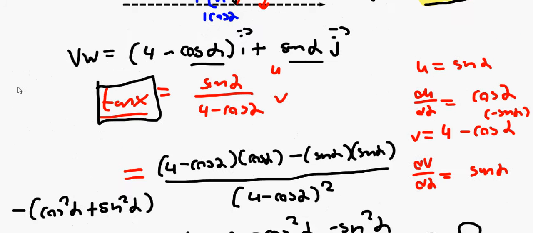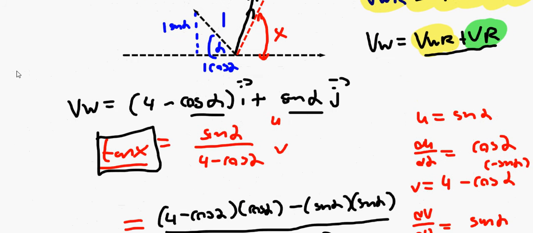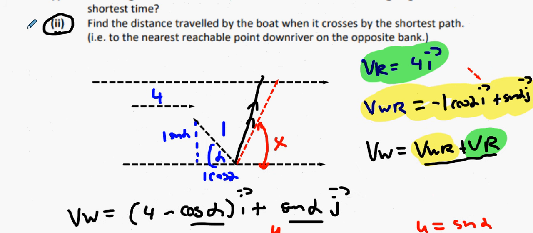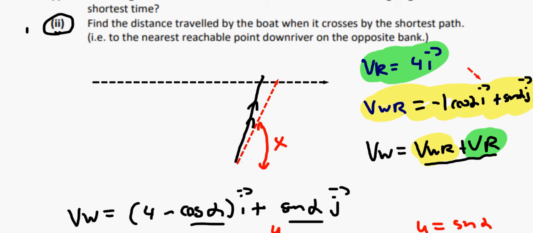So, you go back to the very top here, and it's looking for the distance travelled by the boat when it crosses by the shortest path. Alright, no bother. Just get rid of all this. Scale it all back. What's the only thing I care about now?